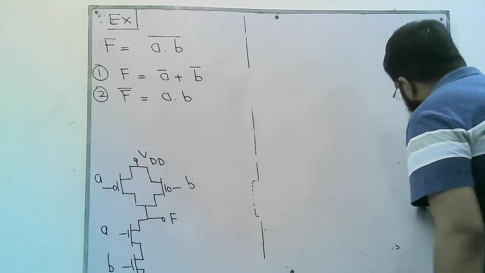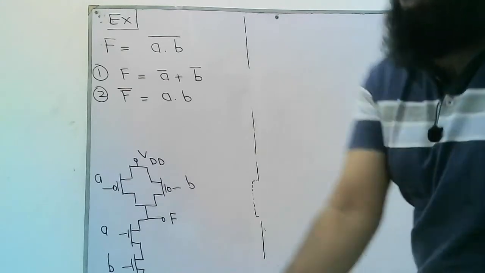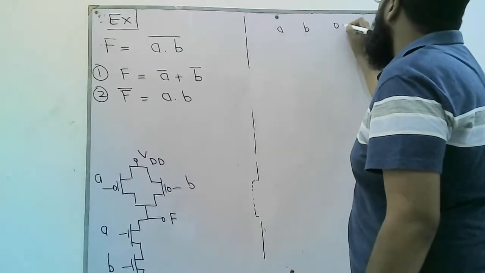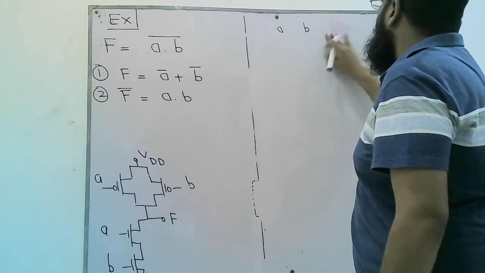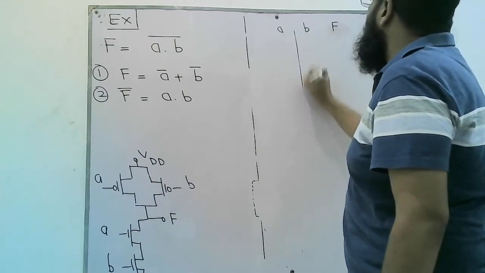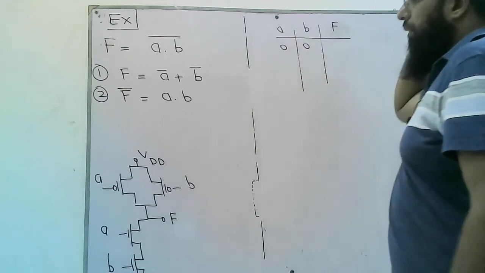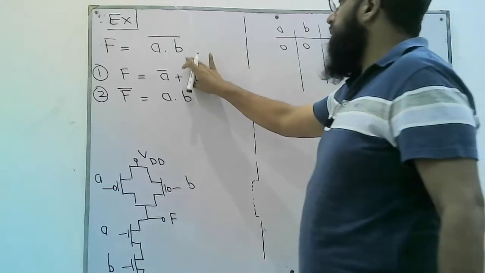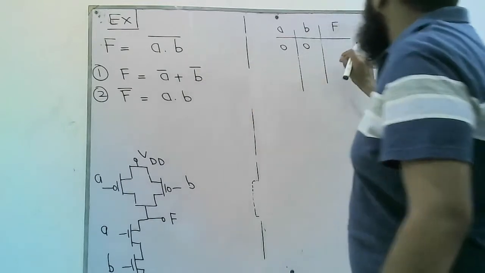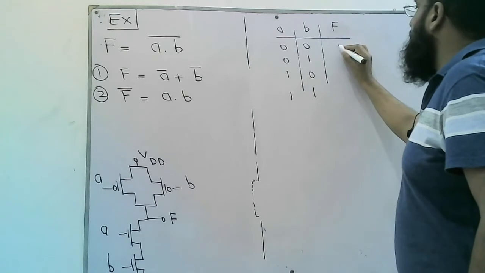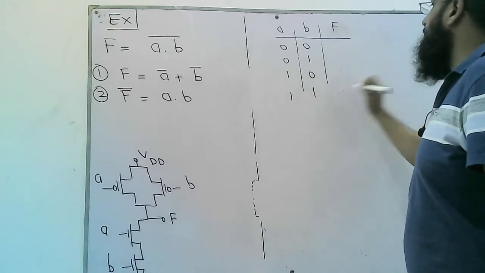Next, we can verify whether the schematic that we have implemented using CMOS fulfills the truth table of a NAND 2, a 2-input NAND. We know that for a 2-input NAND, the output F, since this is the opposite of AND, should be 1, 1, 1, and 0.